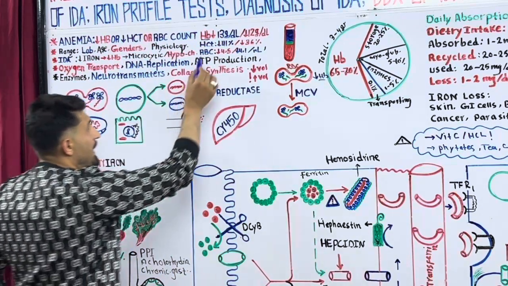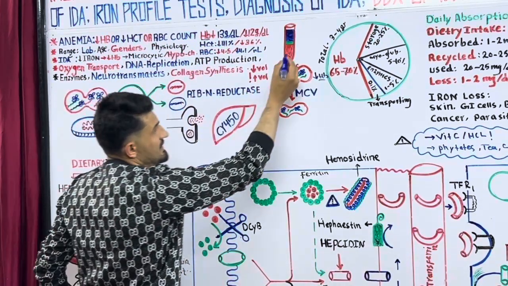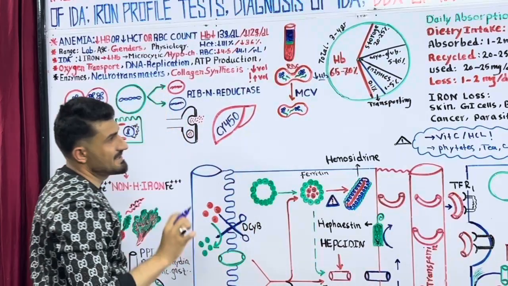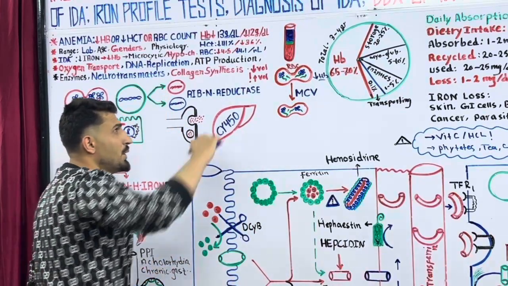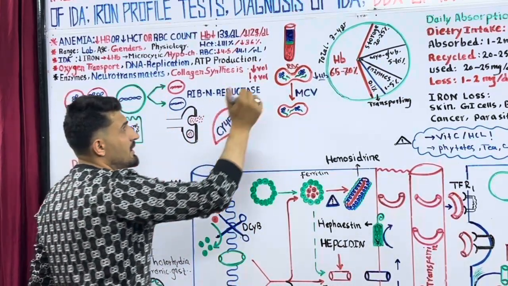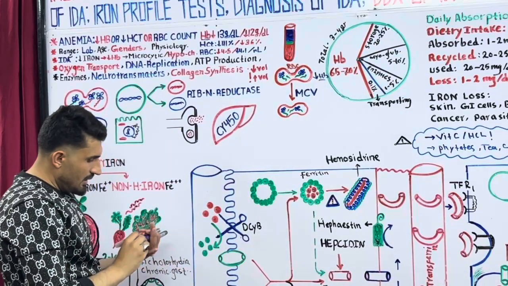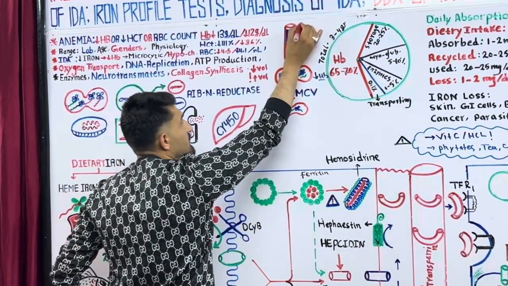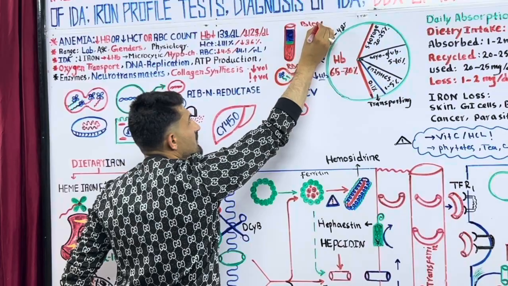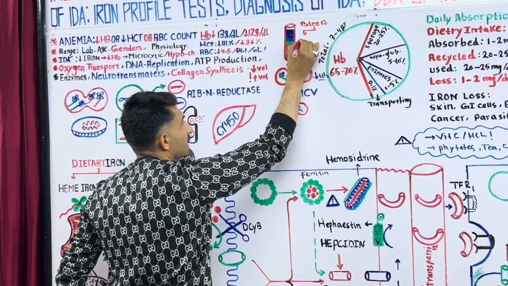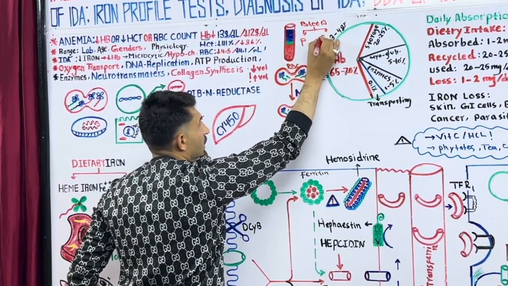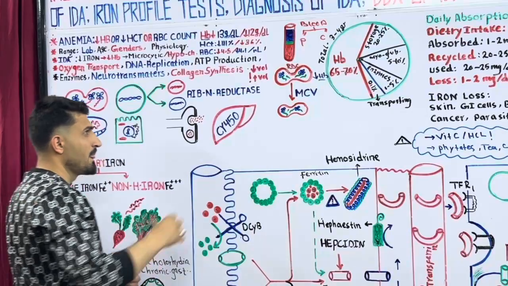Now about hematocrit, listen to me carefully. This is blood in a tube. When we centrifuge it, blood is made of two parts: plasma and cells.